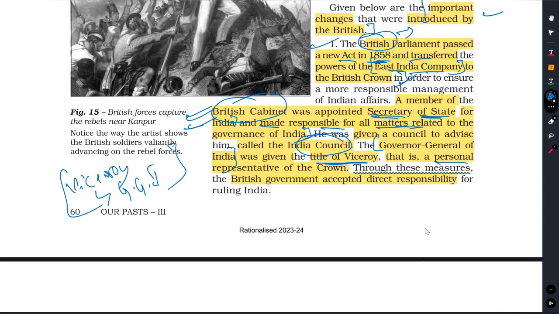He was a personal representative of the Crown. Through these acts, the British government accepted direct responsibility. They might ask you, in which year did the British government accept direct responsibility of India? In 1858.